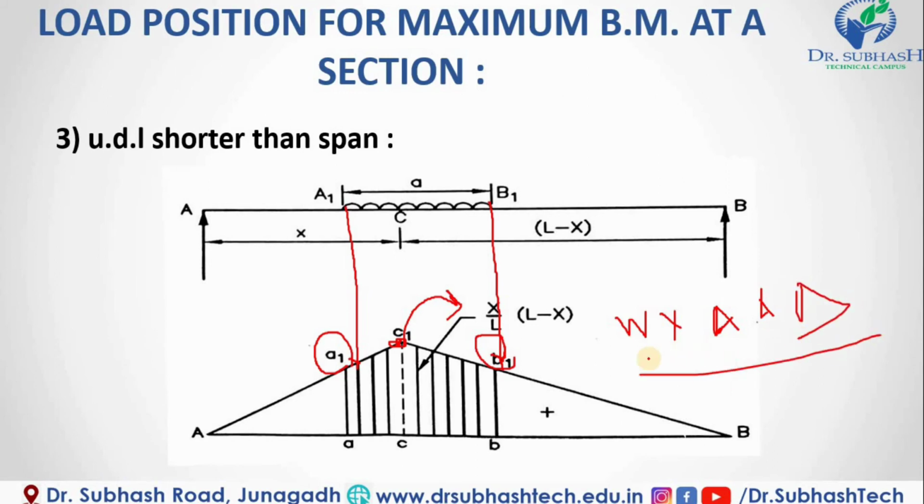So this is our equation, intensity of W multiplied by the area of ILD. But the ILD shape is trapezoidal, and that's why A1 and B1 play a very important role in finding the area of this particular section.